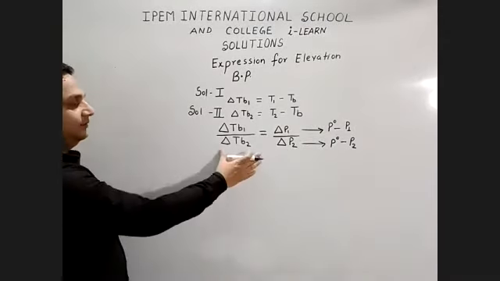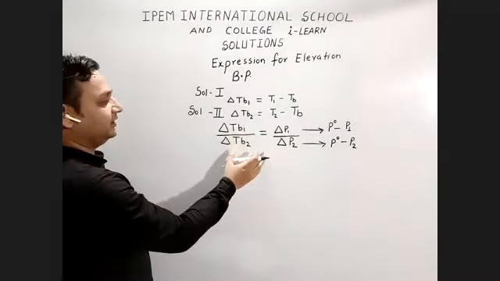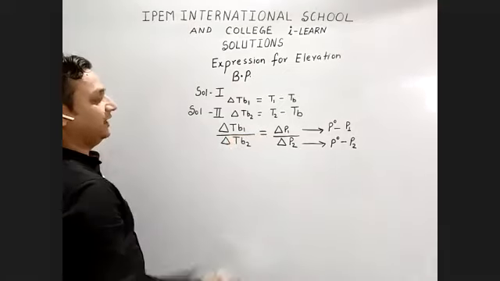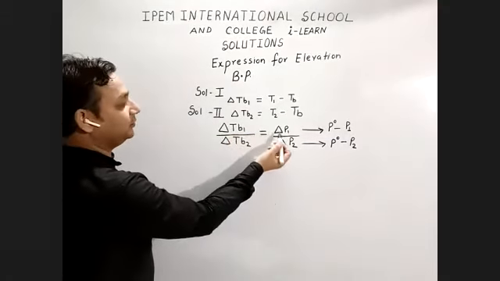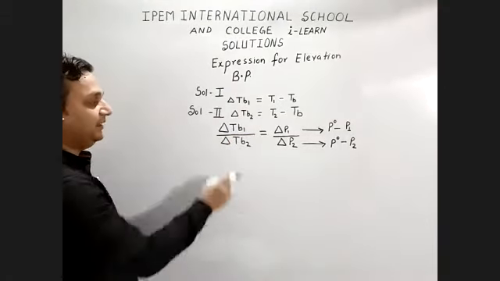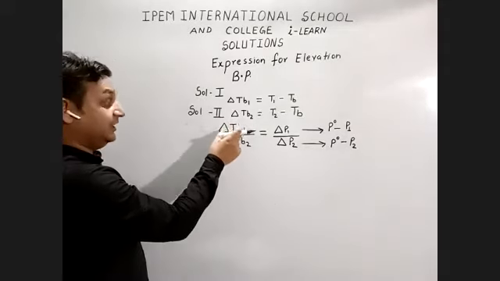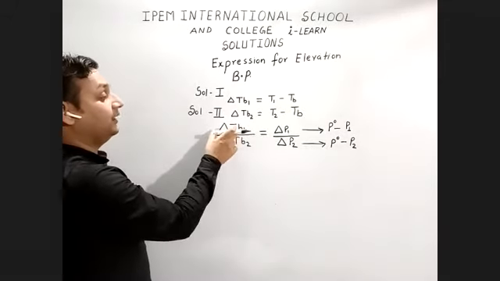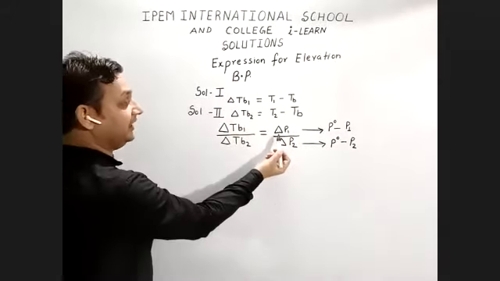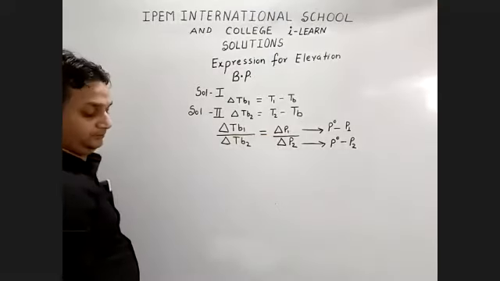Now, this follows a direct relationship, because delta TB1 over delta TB2 is equal to delta P1 over delta P2. It means the elevation of boiling point is directly proportional to the change in vapor pressure.